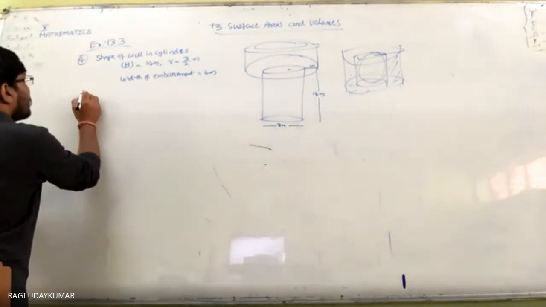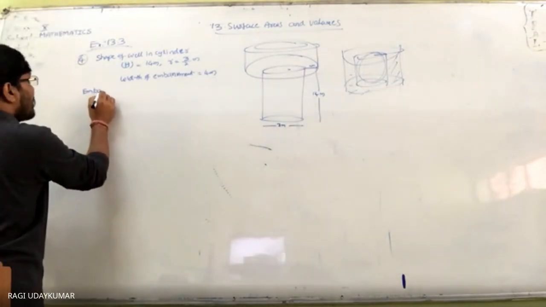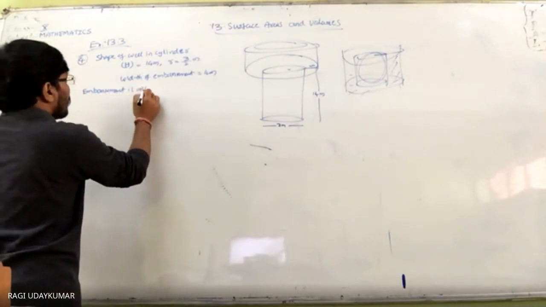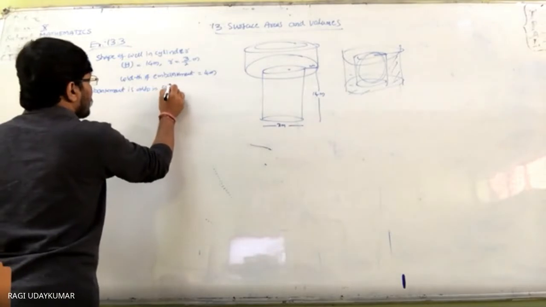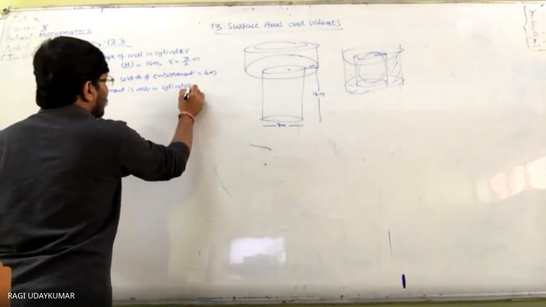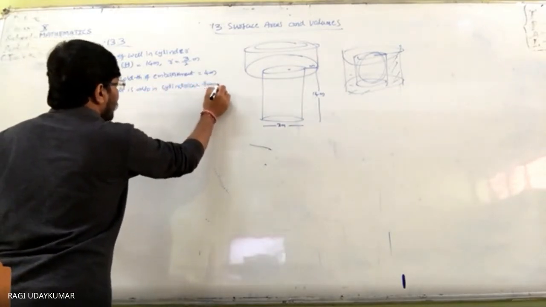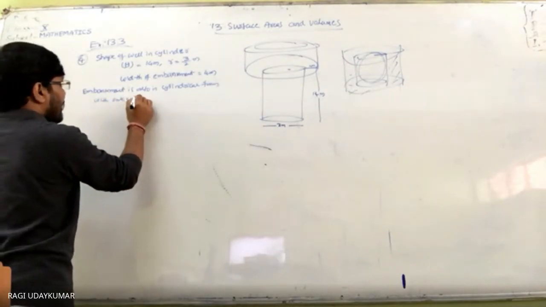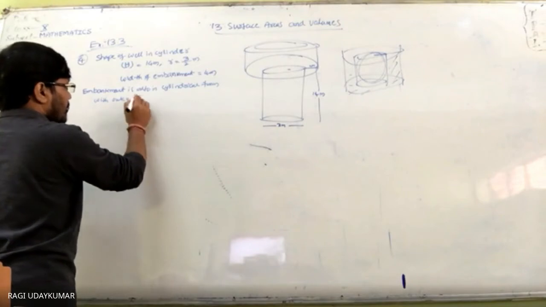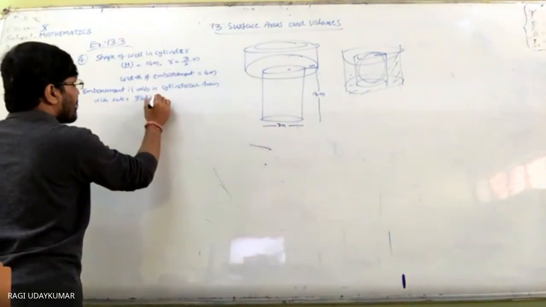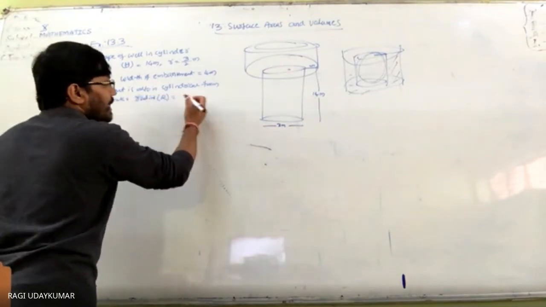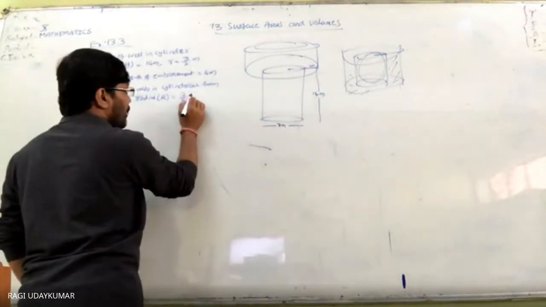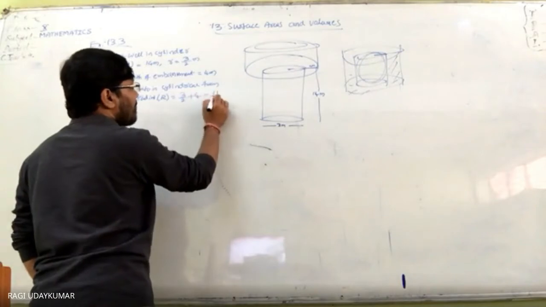So the embankment is also in cylindrical form with outer radius, let us represent this by capital R. Outer radius is 3 by 2 plus 4, which is 11 by 2 meters.